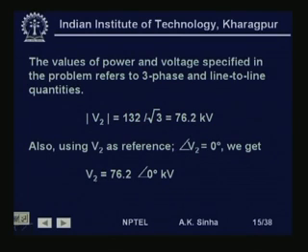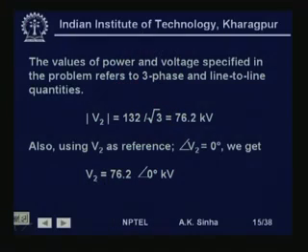That is, the values given in the problem are 132 kV, which is a line-to-line voltage, and 40 megawatt, which is a 3-phase power. Therefore, the V2, or the receiving end voltage magnitude, is equal to 132 by root 3. We are talking of the per phase value, or phase to neutral value. So, it is 132 divided by root 3, which comes out to be 76.2 kV, because we would like to work on a single phase basis.